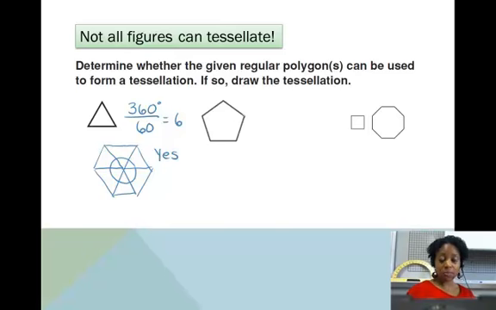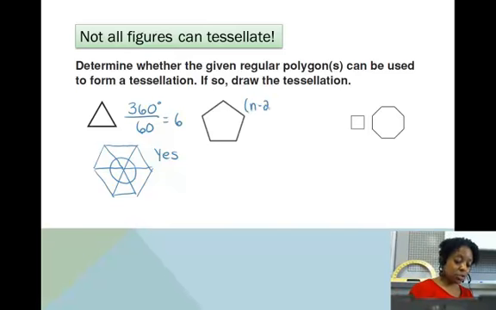So if we look at this, what's the angle for this regular polygon? Well, the sum of the interior angles is 360, and we divide that by 5 because there are 5 of them. Ooh, and that's not the sum of the interior angles. My bad.